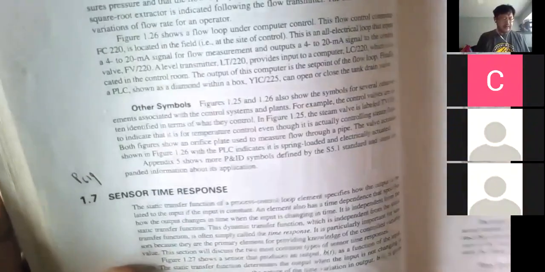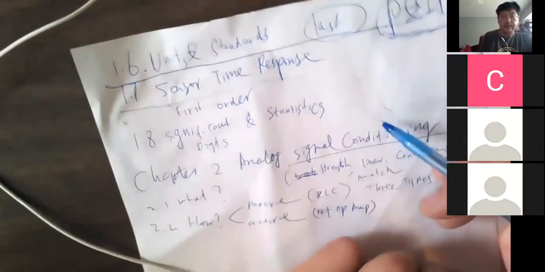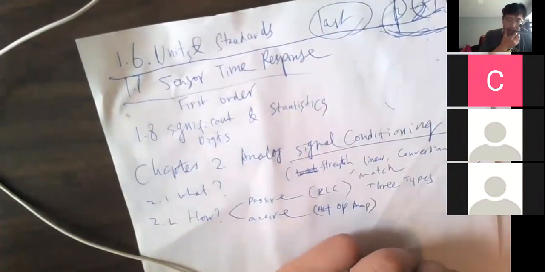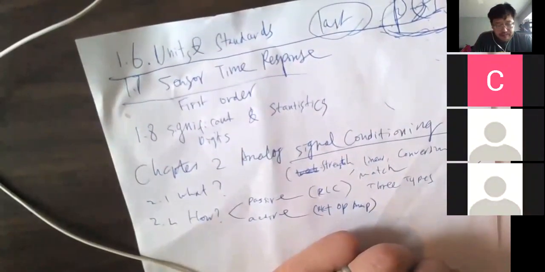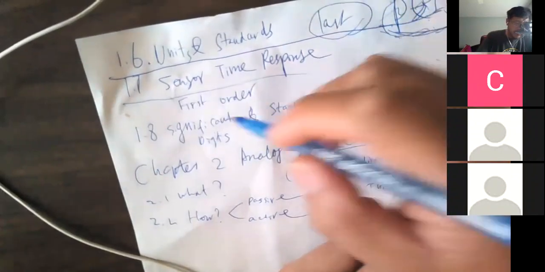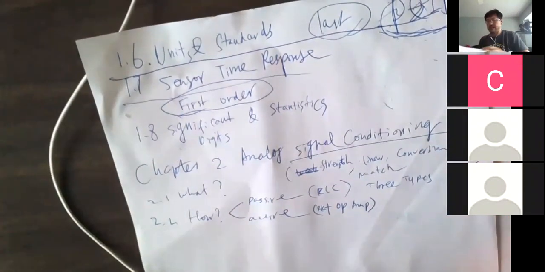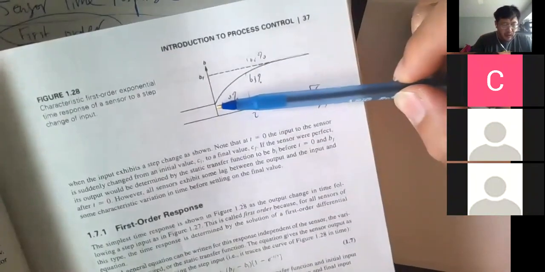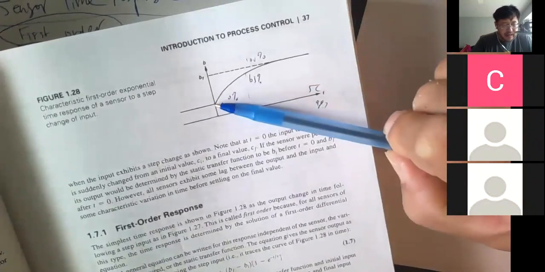Okay, next will be a new topic: sensor response. That's our first topic, sensor response. All sensors take some time to respond, and usually we call the sensors first order. This is how the sensor responds. Let's assume it's a temperature sensor. When you put the temperature sensor inside the oven, this is the response.